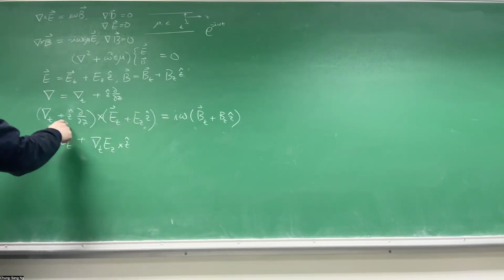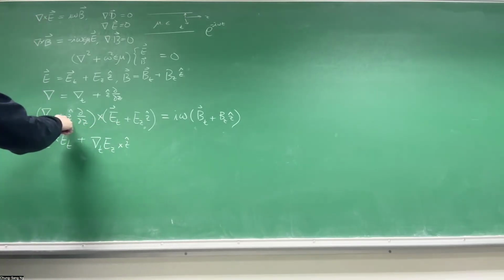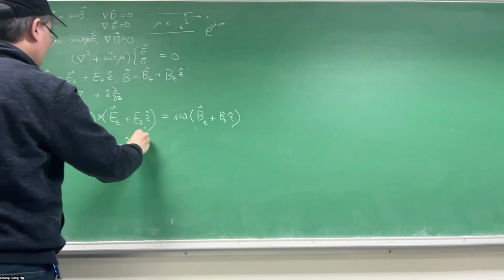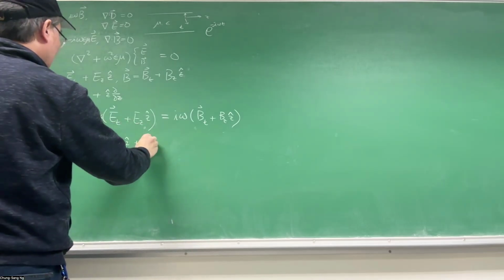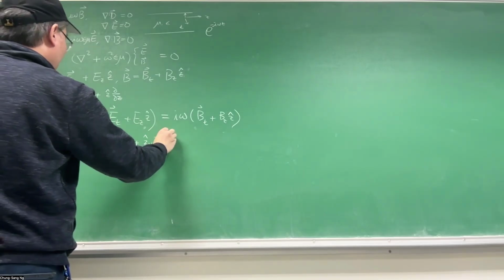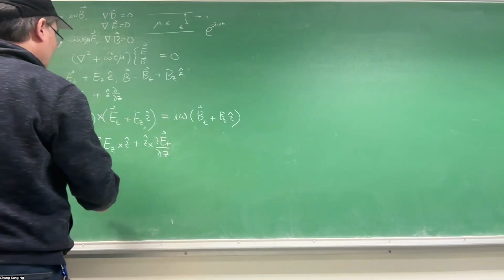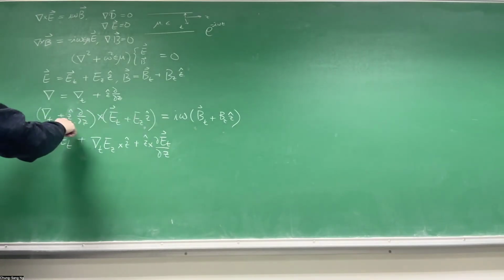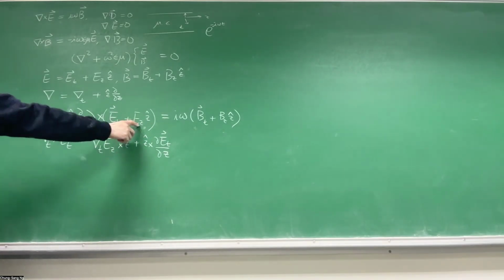So that's this one, and then there's this E partial z, and z crosses into this. The direction is in z direction, and you cross into the E_t direction. And the derivative is only on E sub t, so it's z cross partial E sub t partial z. Right. And finally, it's this one crossed with that one. But this is z direction, this is z direction. So z cross z is 0. So this operator will be 0.